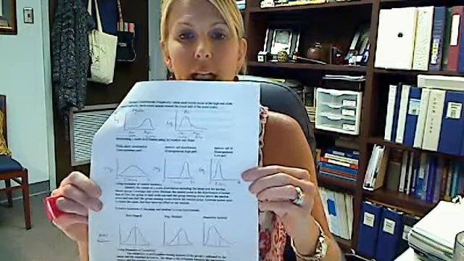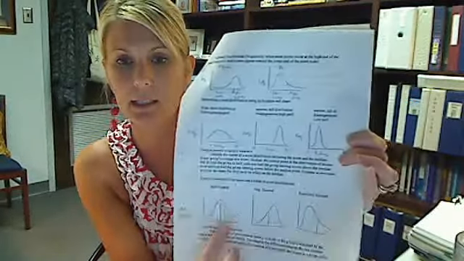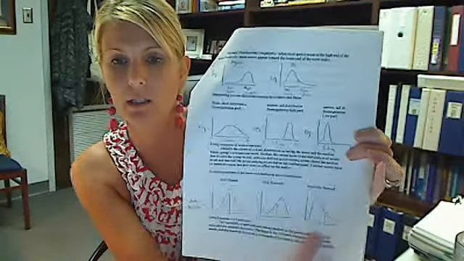You're looking at it backwards from me. You've got the wide and the short. That's heterogeneous performance. This is homogeneous, which is narrow and tall, and you've got narrow and tall, which is homogeneous low performance. Okay, this is the bell curve, this is the negatively skewed, and this is the positively skewed.